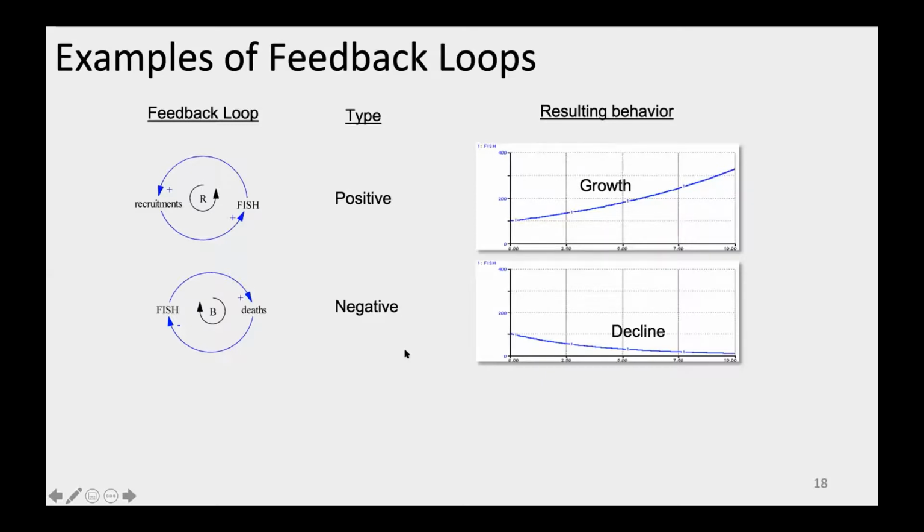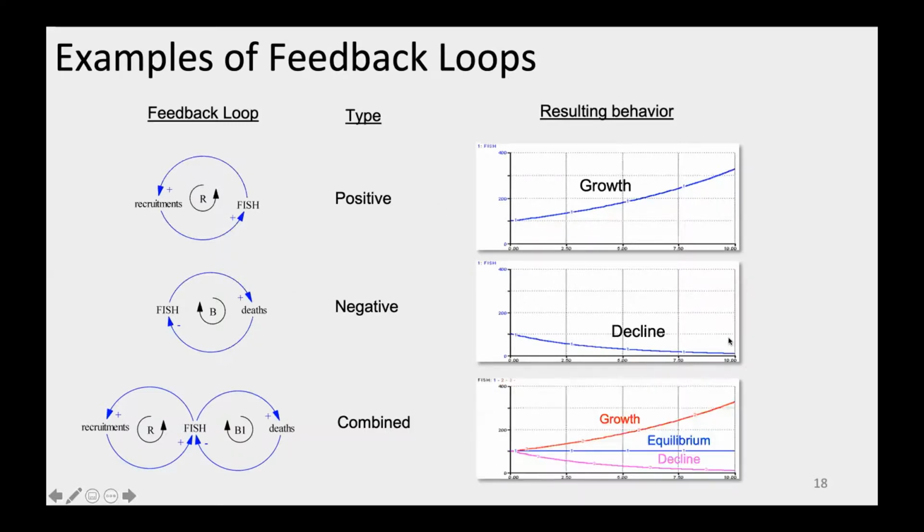Now, the other one would be if we combine them together. The simplest combination, that is easy to illustrate, is a reinforcing and a balancing. So fish grows with birth or recruitment, and they decline with death. And that is a combined feedback loop. Now, the behavior that results from this is not as straightforward as, hey, positive feedback loop, growth, negative feedback loop, decline.